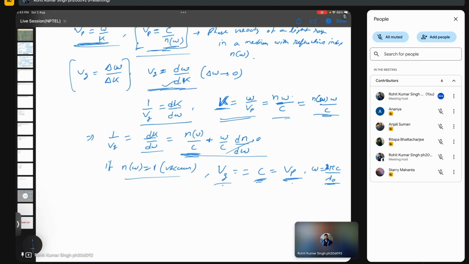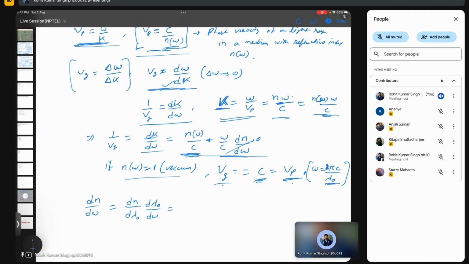Now we have to evaluate dn by d omega. You can first differentiate it with respect to lambda naught, and then multiply by d lambda naught by d omega. So I am using the chain rule of differentiation.